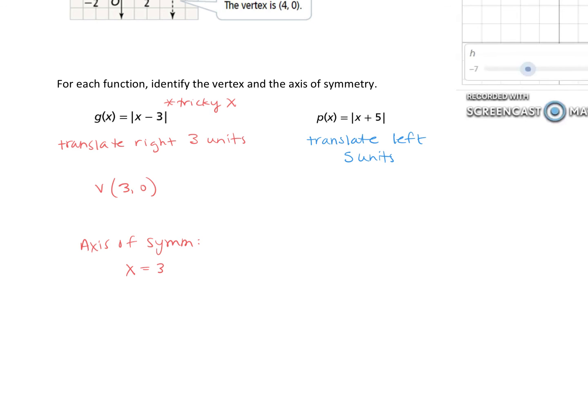When we translate to the left 5 units, that's going to move the vertex to the left 5 units. So now our vertex is at negative 5, 0. And the axis of symmetry is going to shift along with it. So the axis of symmetry is that vertical line x equals negative 5.